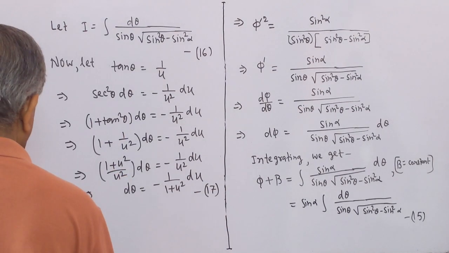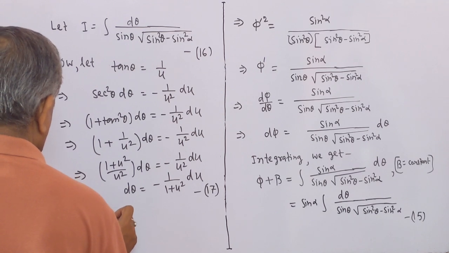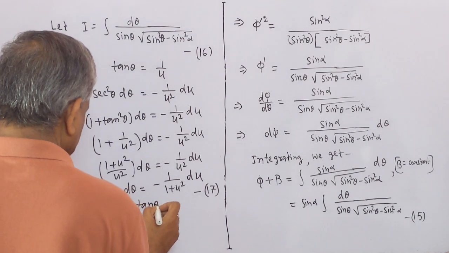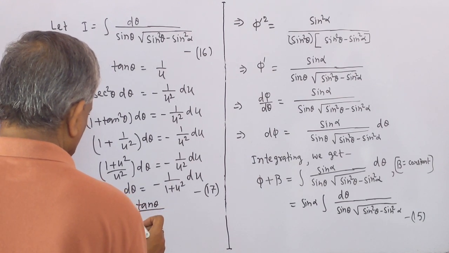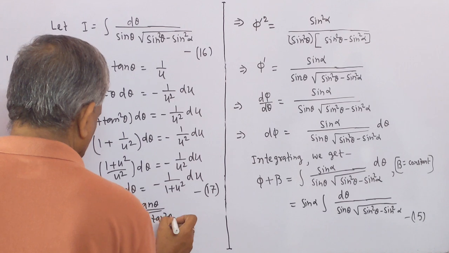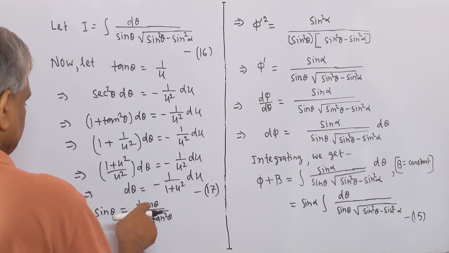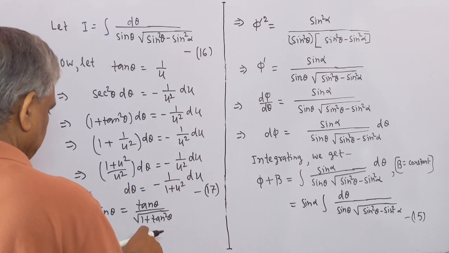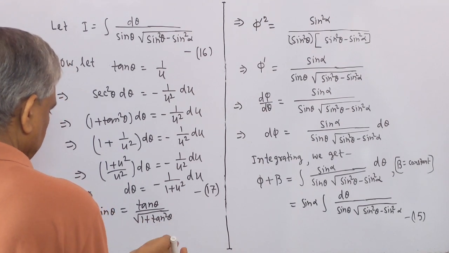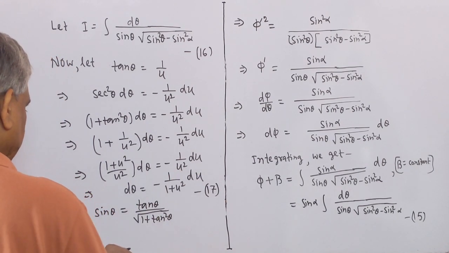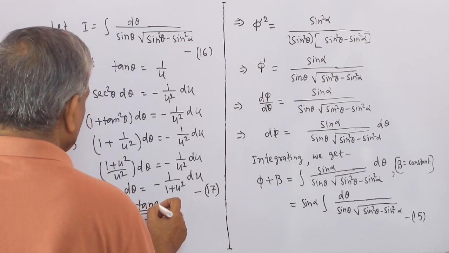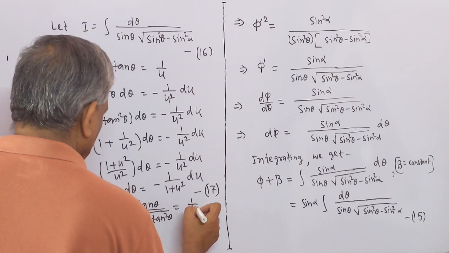Now sin theta equals tan theta by square root of 1 plus tan square theta, because tan theta equals sin theta by cos theta and square root of 1 plus tan square theta is sec theta. So sec theta equals 1 by cos theta, cancel, and only tan theta remains, equal to 1 by u.